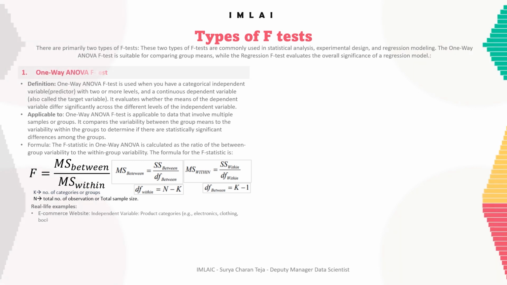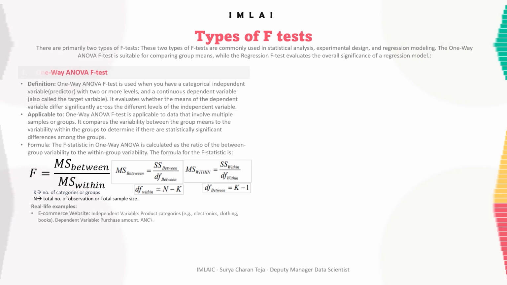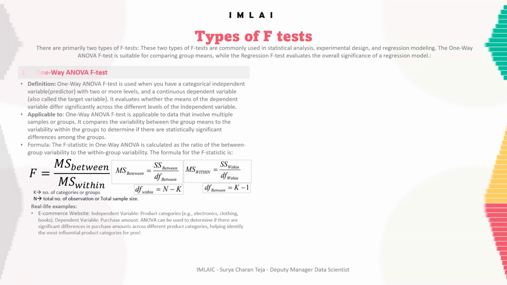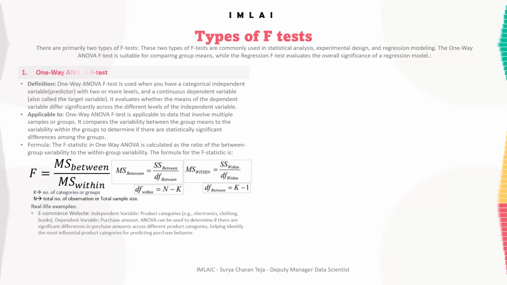Product category is the independent variable, and it consists of three categories: electronics, clothing, and books. The dependent variable is the purchase amount, a purely continuous variable.